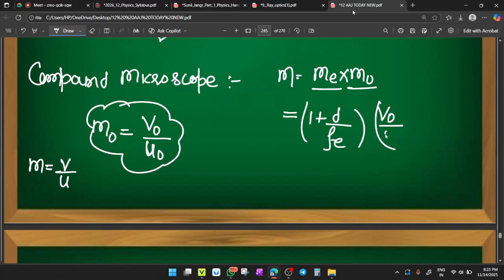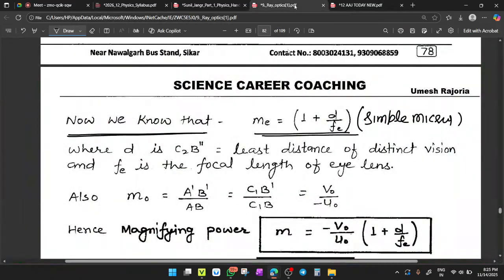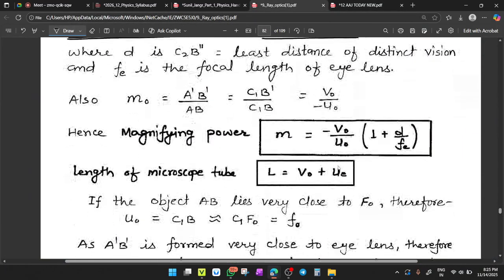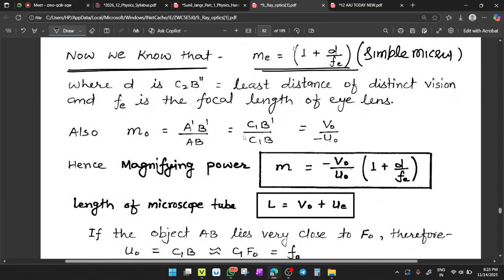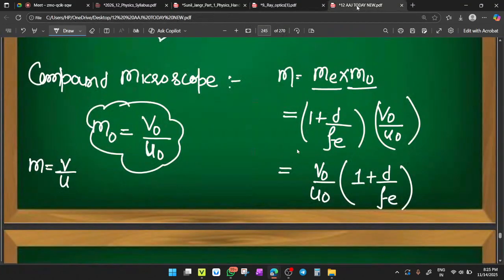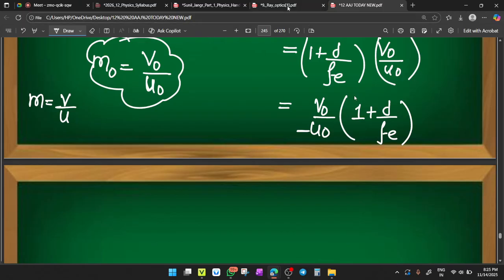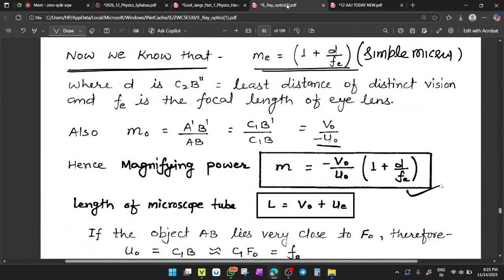So the final derivation becomes VO upon UO times 1 plus d by FE. But UO should be negative, because the distance towards the object has to be negative. So it is equal to minus VO upon UO times 1 plus D by FE. This is the derivation.